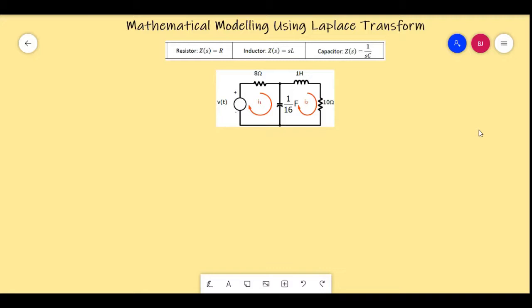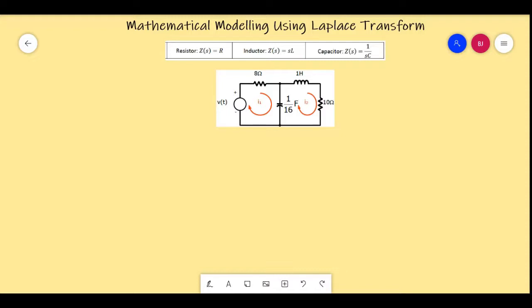Resistors would not have any major changes. For inductors, it is just the impedance multiplied by S, which represents our frequency domain. And for a capacitor, it would be 1 over S multiplied by the value of the capacitance.